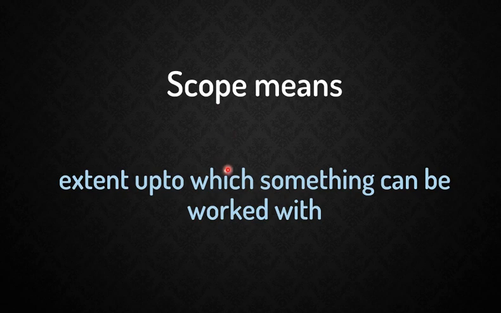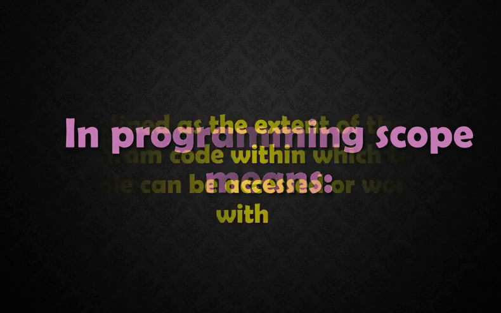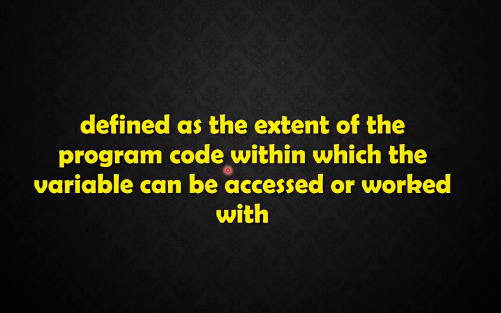Now let's talk about the definition of scope in the programming context. In programming, scope is generally defined as the scope of variables, nothing else. So scope of variables is defined as the extent of the program or code within which a variable that has been declared can be accessed or worked with.